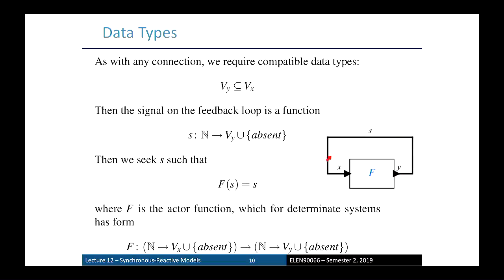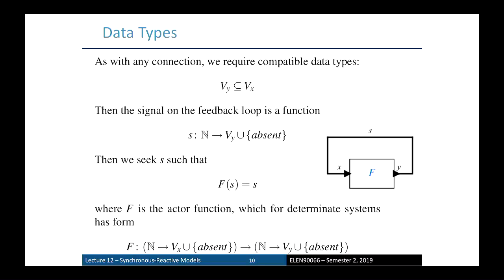So this signal on the feedback is a mapping. And we're talking about synchronous systems now, so forget about T being R, forget about it being a real number. There's no analog time base, if you like. These are discrete events, so natural numbers.